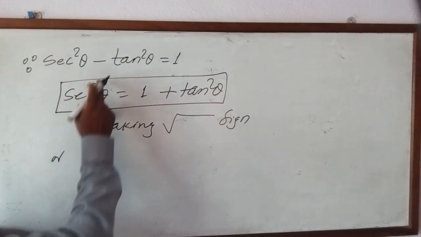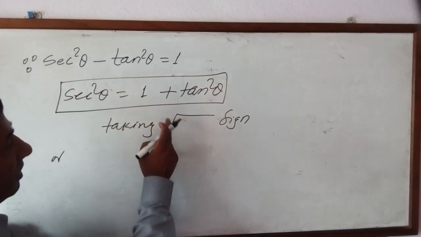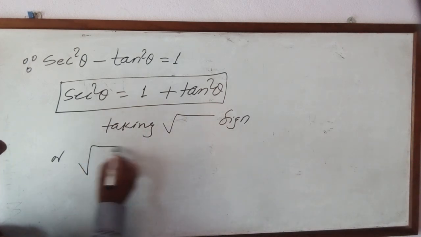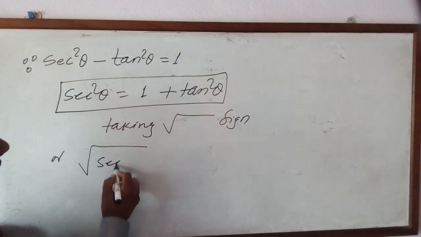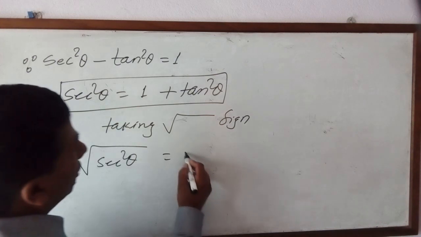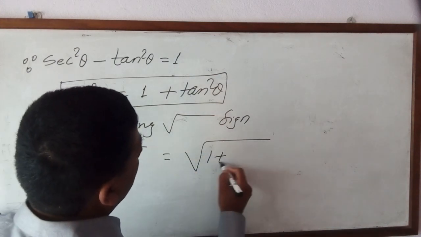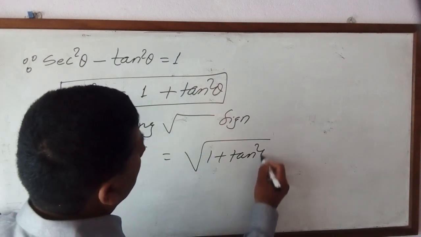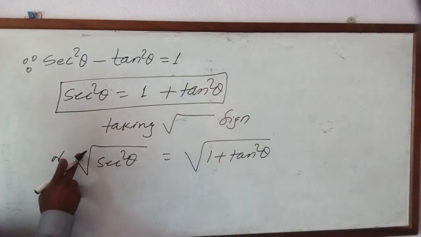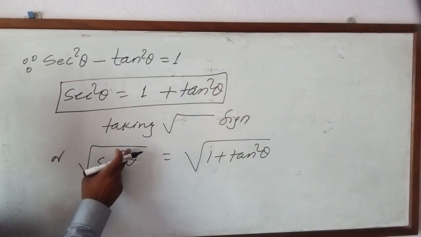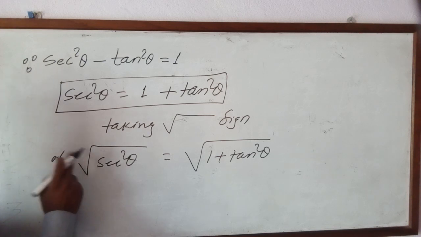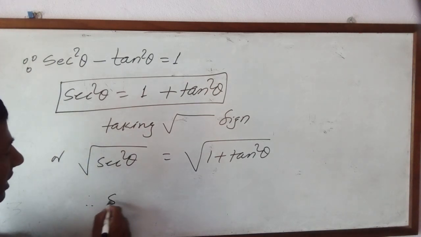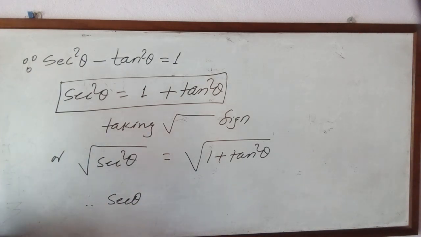Now here is a square, that's why I am taking a square root sign. Sec square theta, this side also we can take root sign, on both sides. Now this square cancels this radical sign, then it will be sec theta.